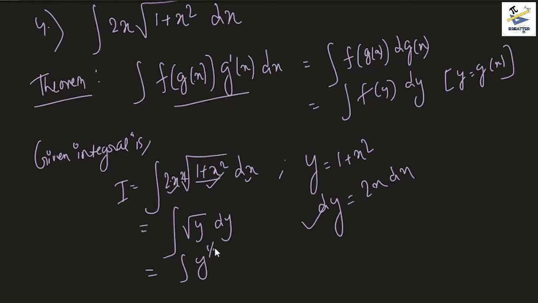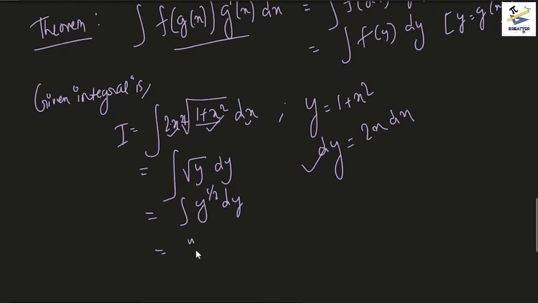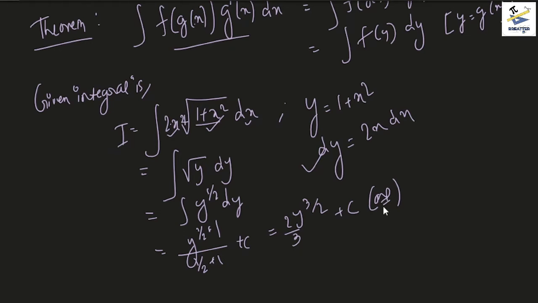And this is an easy one because this is just y to the power half dy, and using the rule you can find it as y to the power half plus 1 divided by half plus 1 plus c, which is basically y to the power 3 by 2 into 2 by 3 plus c, which is the answer, right?